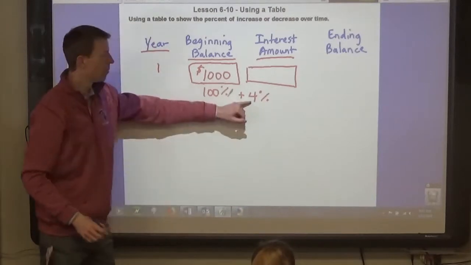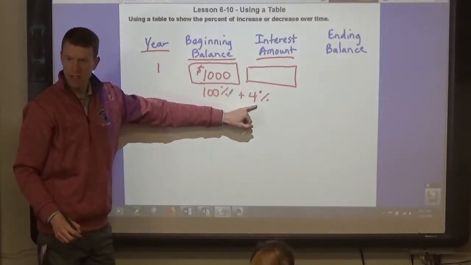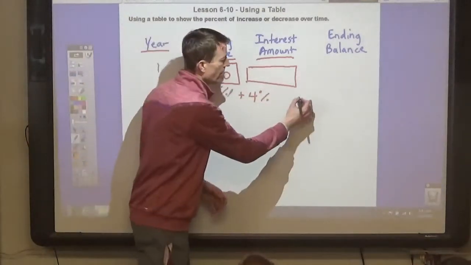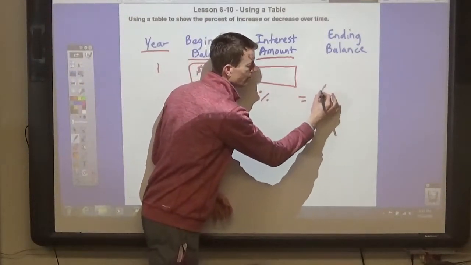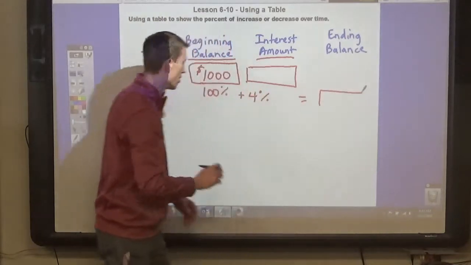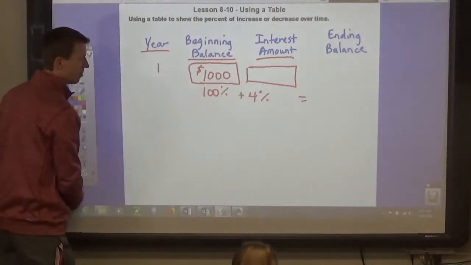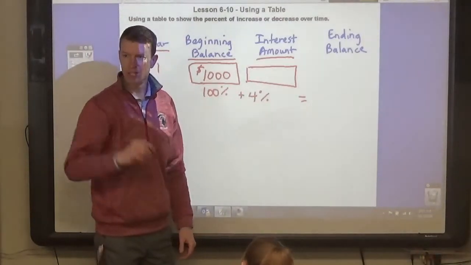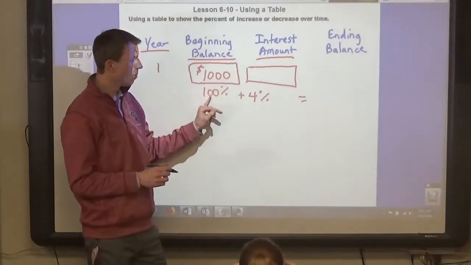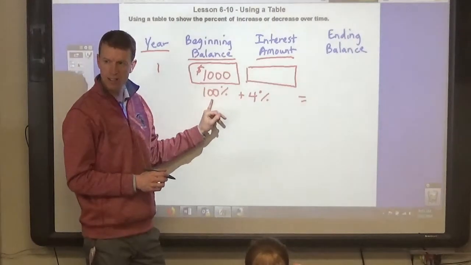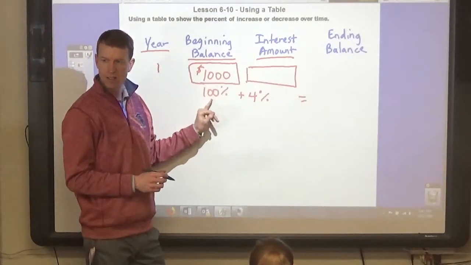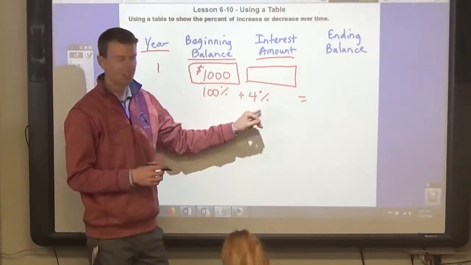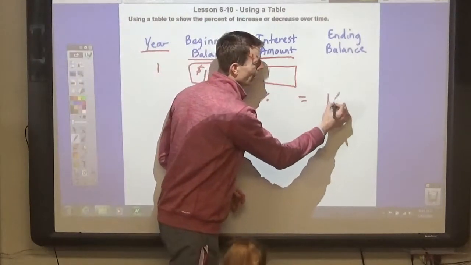And then plus 4%, how much then is the interest, the ending balance going to be? What is the interest, or the percentage that we're adding? Jacob? 4%. 4%, so the multiplier is 100% plus 4%, which is? Right, 104%.